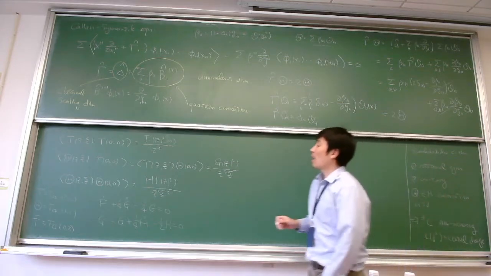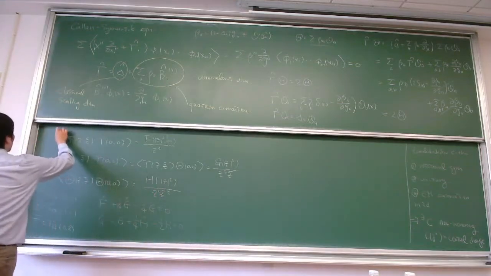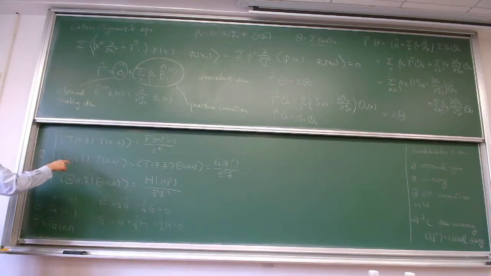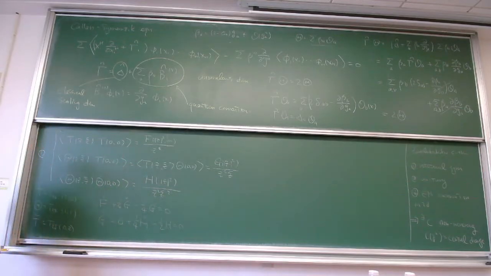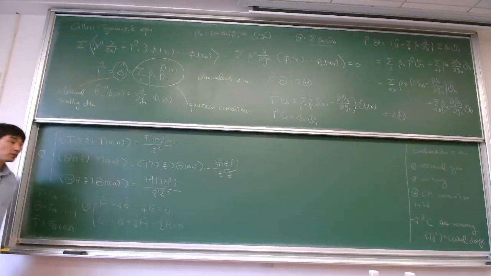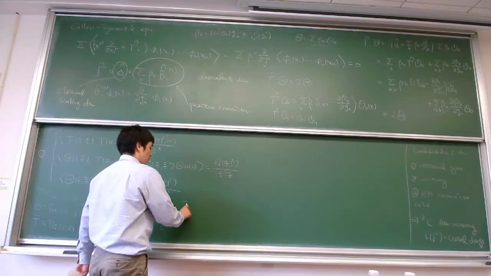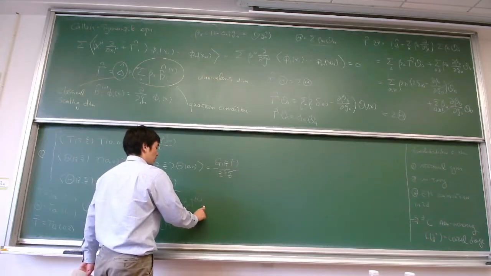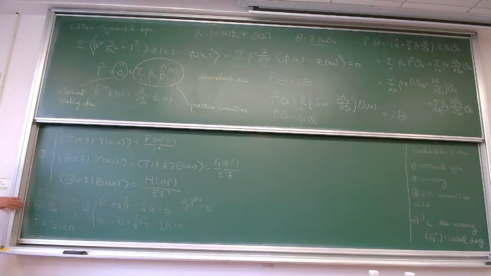Assumption 1 will tell us this one, because it only depends on the radius. That's rotational symmetry. And this is assumption 3, so you use the energy momentum conservation. Essentially we use this to derive this equation.